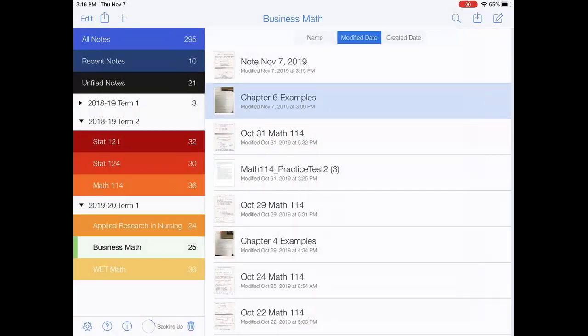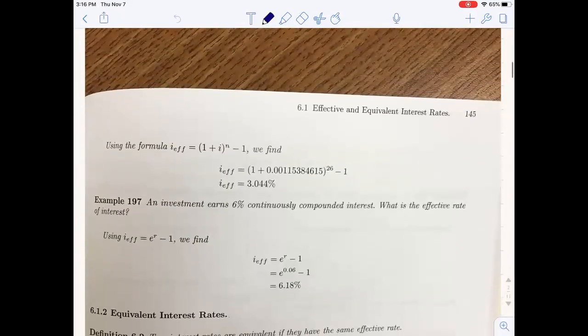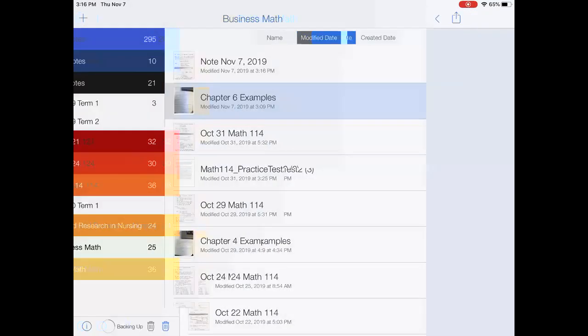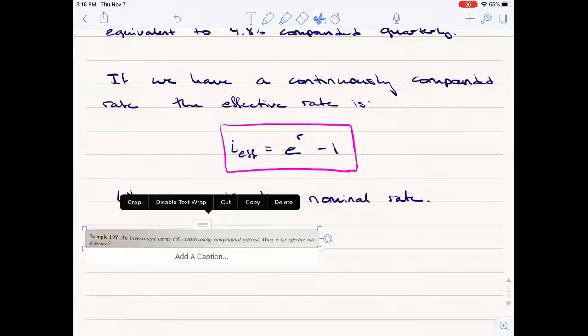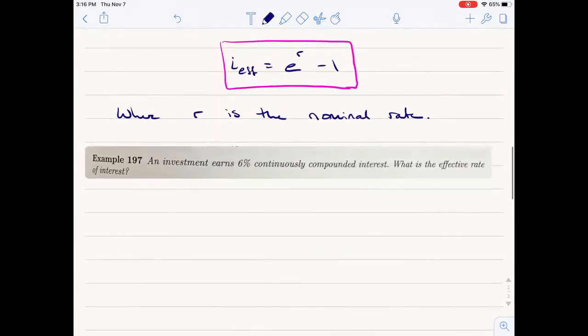Let's do example 197. An investment earns 6% continuously compounded interest. So if we're continuously compounding, we need these special formulas.